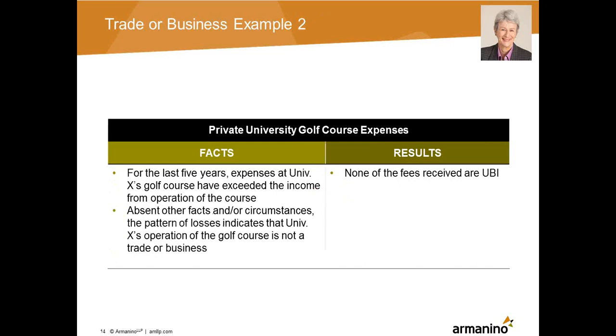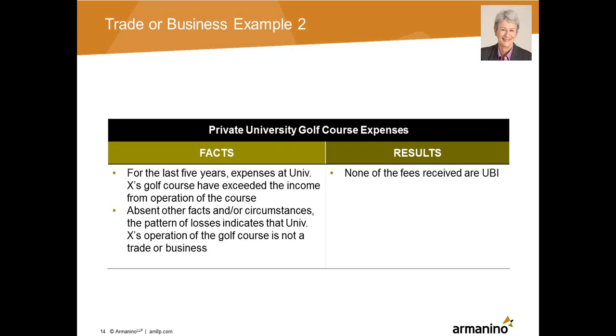And now we'll look at an example of trade or business income. So we still have X's golf course, but for the last 5 years, the expenses of operating the golf course have exceeded the income.